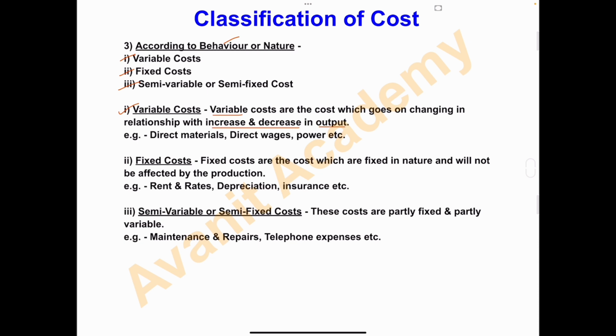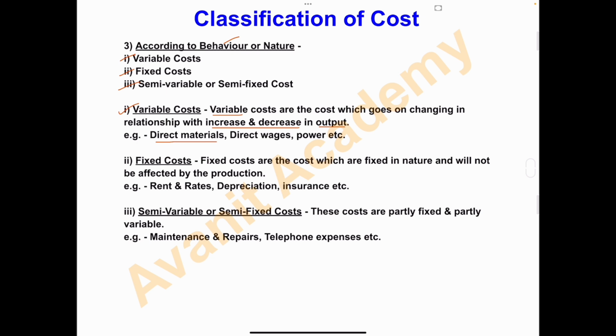Okay. For example, we have increased the production, means the requirement of raw material will increase. So the expenses or the cost of direct material will increase. And if the workers are working on hourly basis, piece wise, if the production increases, means labor hour also will increase.